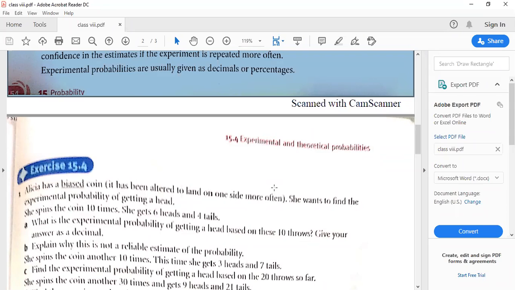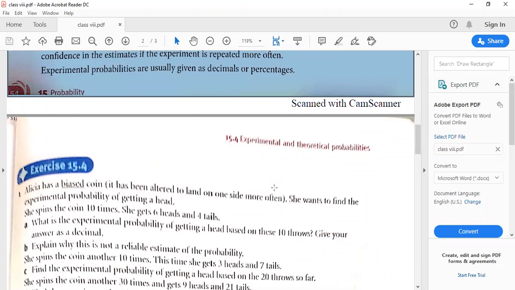Who can answer it? Number A, 6 by 10. You write your answer as a decimal, so 6 by 10 equals 0.6. So for number A, the answer will be 0.6, because 6 out of 10.